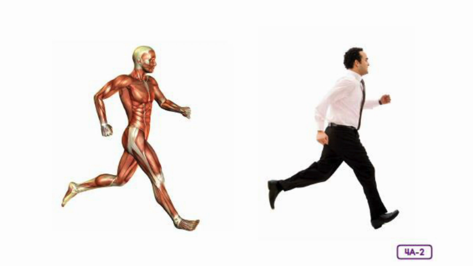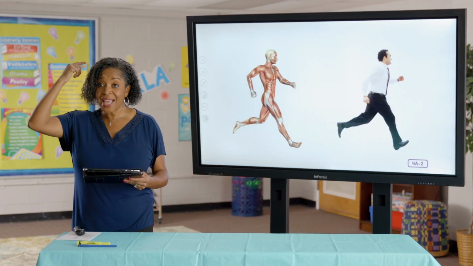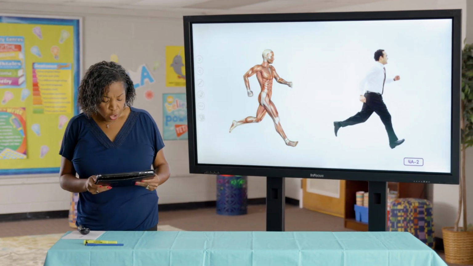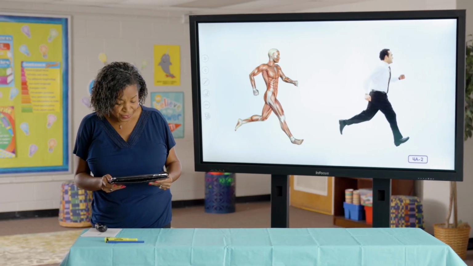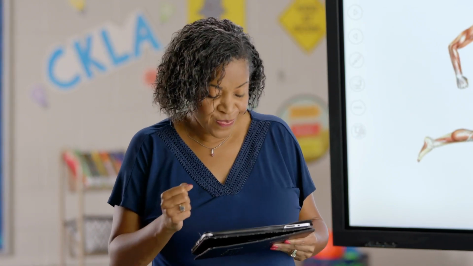They are controlled by signals that come from your brain and your spinal cord, which carry messages through nerves to every part of your body. Muscles receive these messages telling them when to contract or tighten, how to contract, and for how long. When muscles contract, they squeeze together, shortening and causing movement.